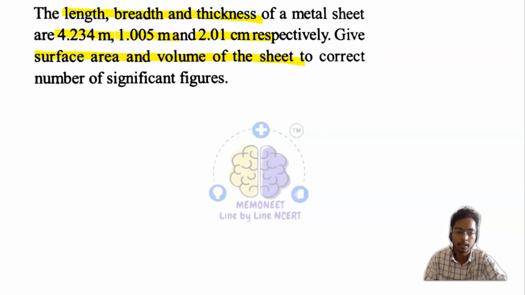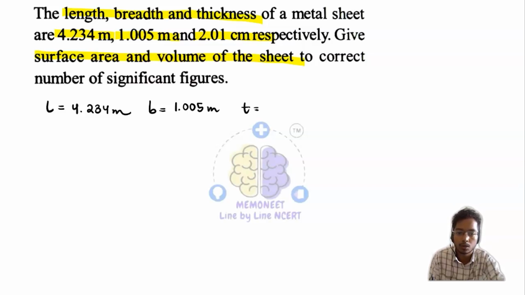So we can write the length is equal to 4.234 meter, the breadth is equal to 1.005 meter, and the thickness is equal to 2.01 centimeter. It means we can write 0.0201 meter.